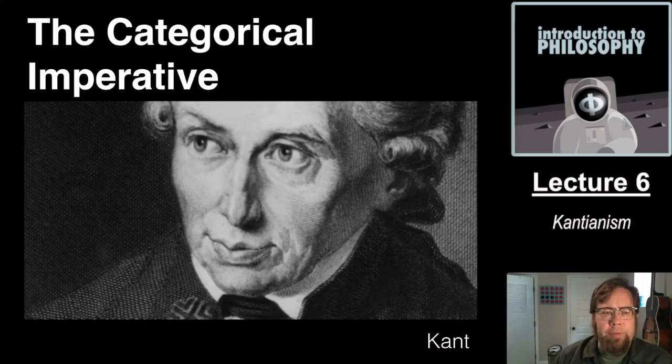At the heart of Kant's ethical theory is this thing called the categorical imperative. And it's a little funny that it gets called the categorical imperative, because when you use the word "the" like that, it makes it sound like there's only one thing, one categorical imperative.